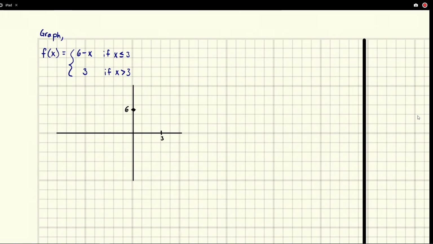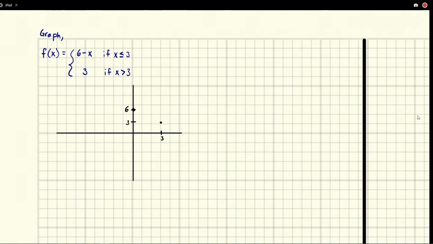And we need 2 points to graph a line. So if we put in 3 for this, because 3 is included, there's an equals sign, 6 minus 3 is just 3. 3 is halfway up to 6, so that's going to be right here-ish. I'm going to put that right here, and we've got enough to graph a line.